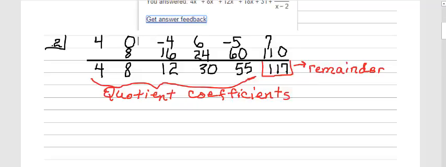So if I'm dividing x minus 2 into a fifth degree polynomial, the result is going to be a fourth degree polynomial.